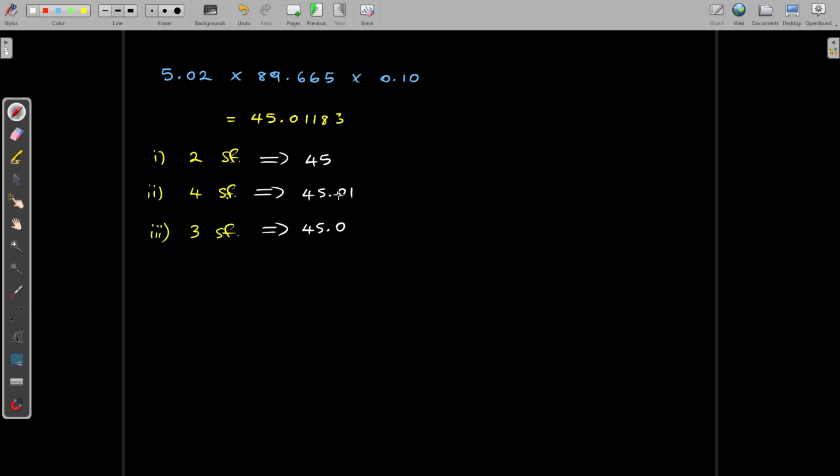Alright, let's try another one. Let's say we had 5.892 divided by 6.10, and we wanted this answer to 3 significant figures. Give me the answer to 3 significant figures.